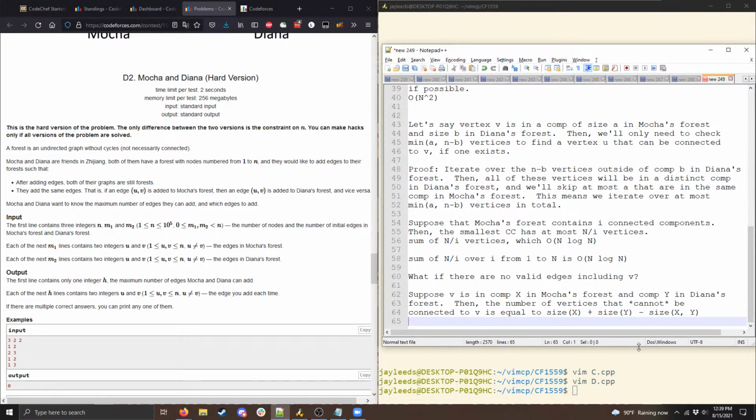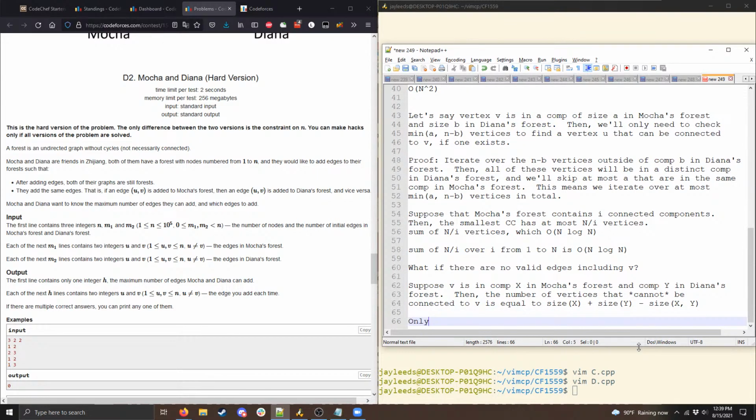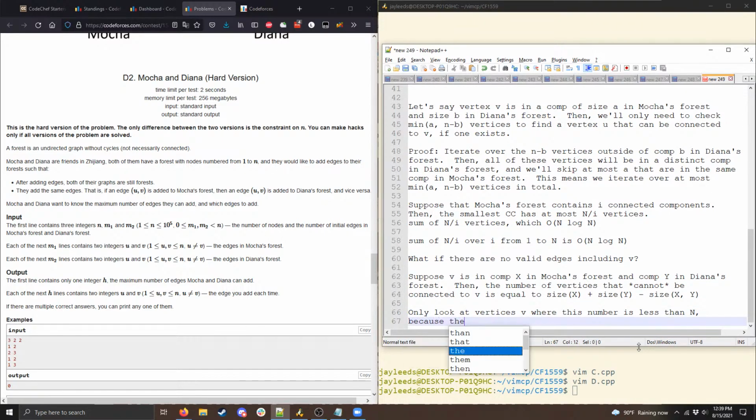So we can only look at vertices V where this number is less than n, because then there's at least one valid option.